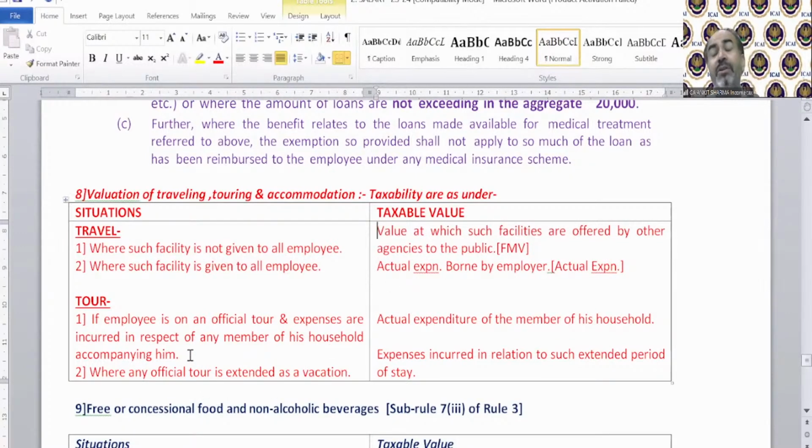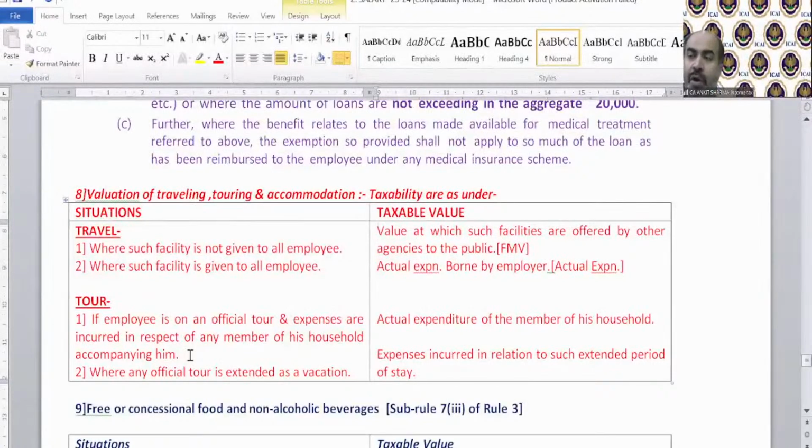Tour. The difference between tour and travel is that travel is for a personal purpose, while a tour is generally for an official purpose. If your employer is sending you on a tour of 5 days for an official meeting outside your job premises, outside of course the station, that is not going to be taxable because it's a payment for the official purpose only. But what if the tour is partly converted into travel?